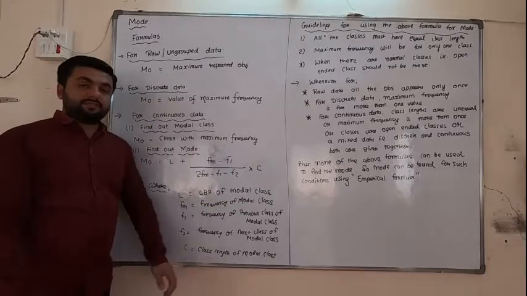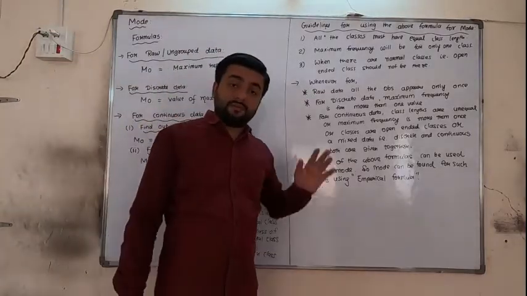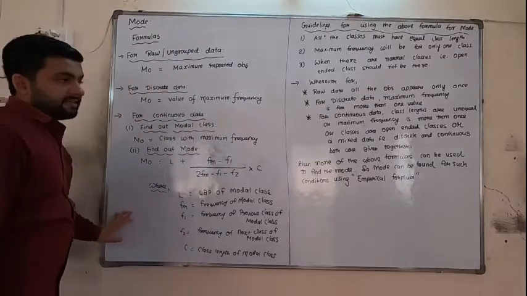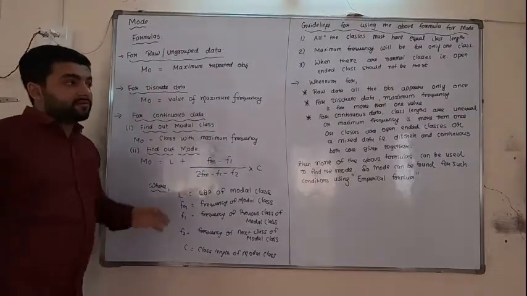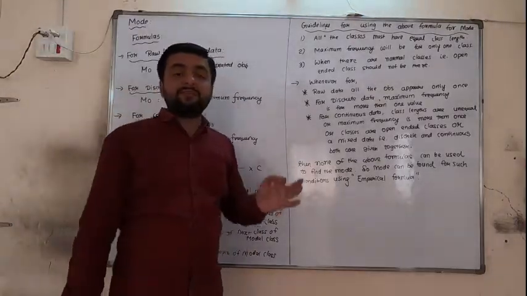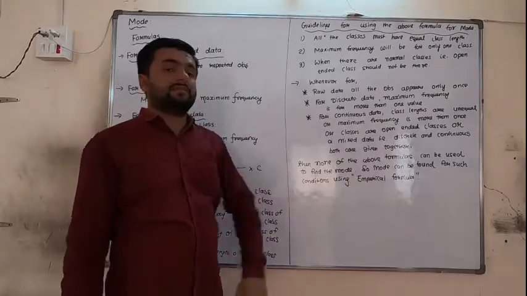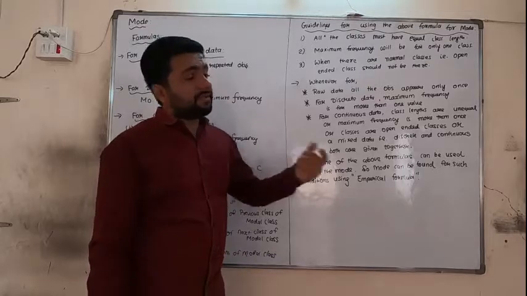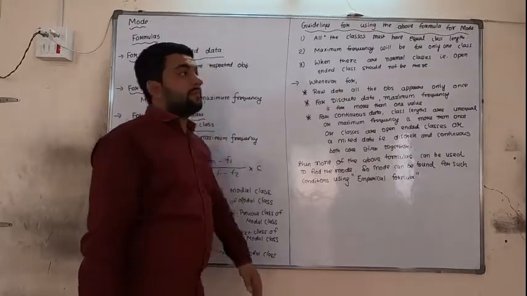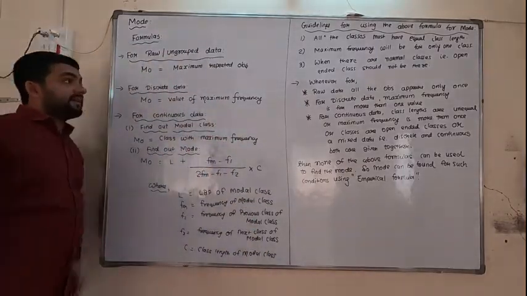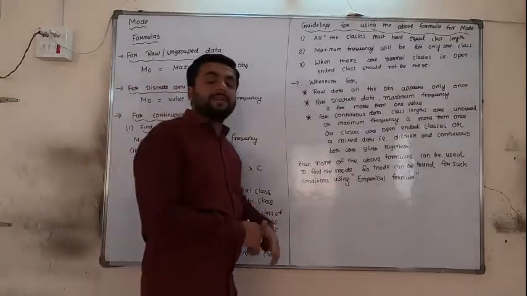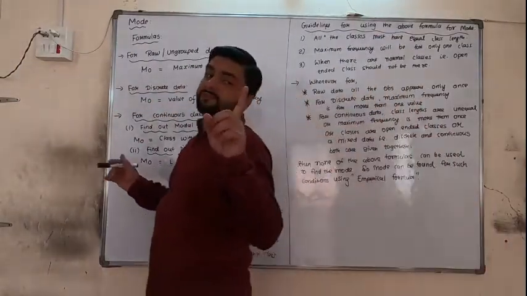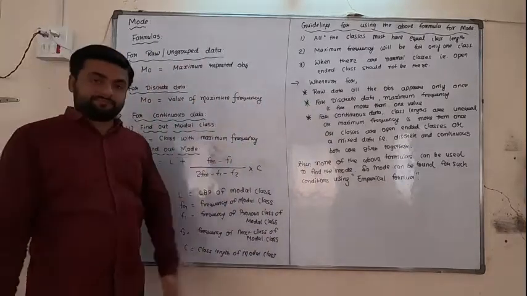Okay. Now I have written all the things, and I am going to explain that till now these three formulas are there. If there is some issue in the data or the data is somewhat complicated, for example for raw data all the observations occur only once, then what is the mode?